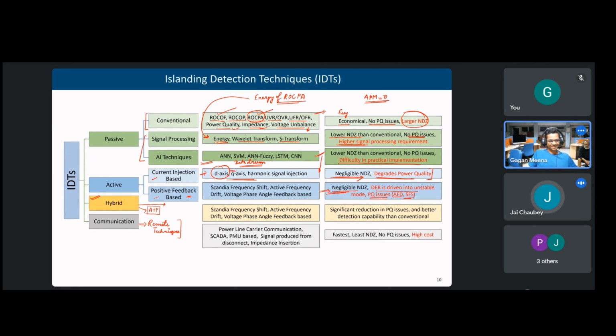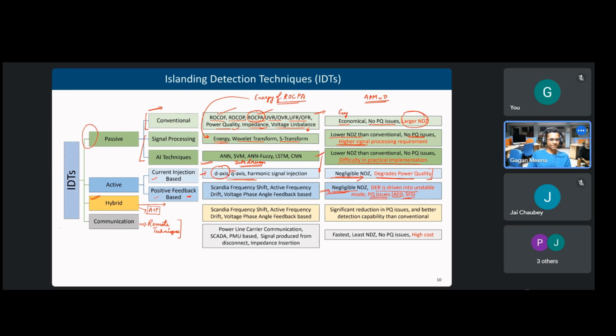In active, what we do is continuously inject these disturbances. So continuous injection will lead to more power quality degradation. But in hybrid we will not do continuous injection. We will first of all use the passive one. If it is not able to detect, then we go for the active one. Then only we will inject.